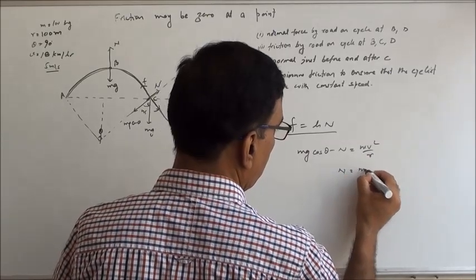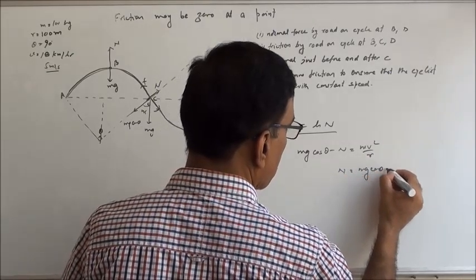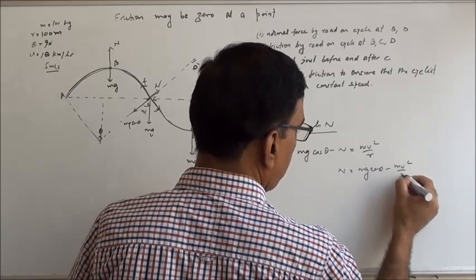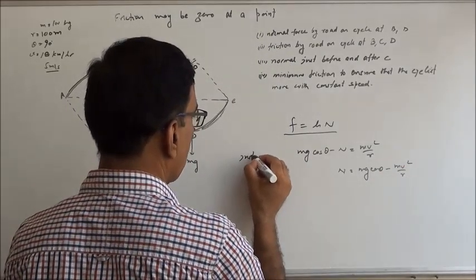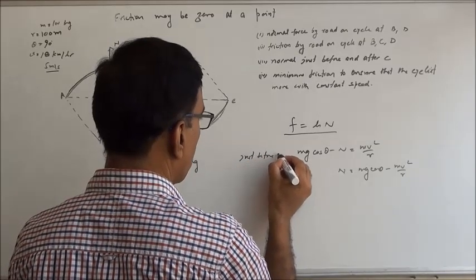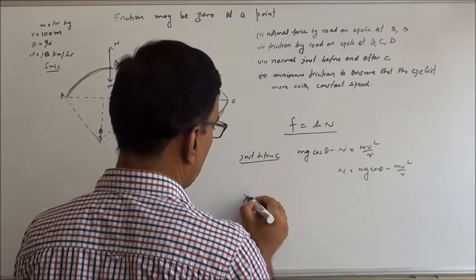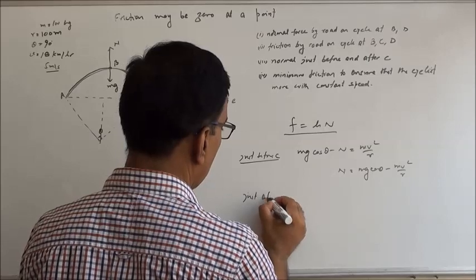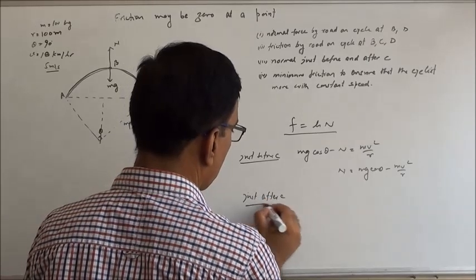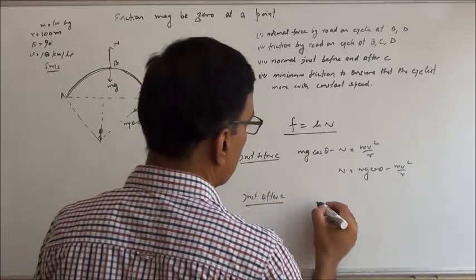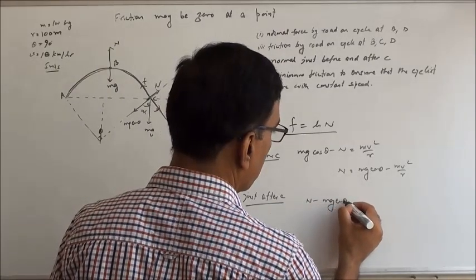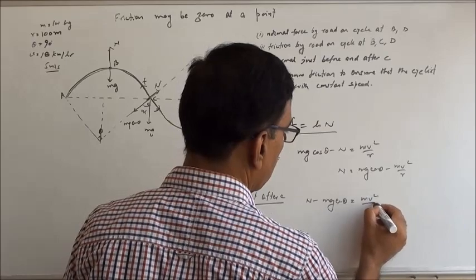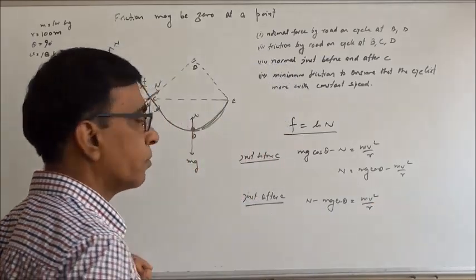So N comes out to be mg cos theta minus mv square by r. Then just after C, it is N minus mg cos theta is equal to mv square by r.